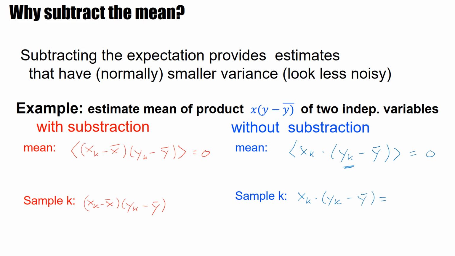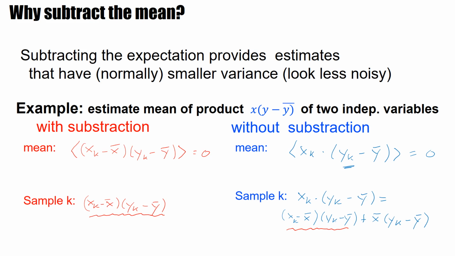I rewrite it as xk minus x bar, yk minus y bar, xk minus x bar, and then we have x bar, yk minus y bar. So this is just a rewrite. The advantage of this now is that I have here one term that's exactly the same as on the left-hand side.